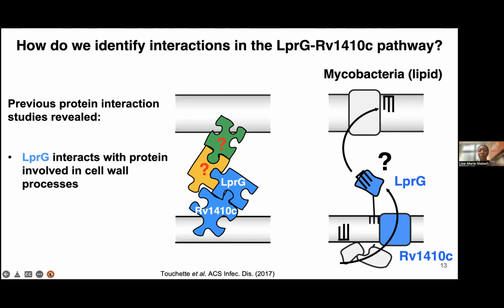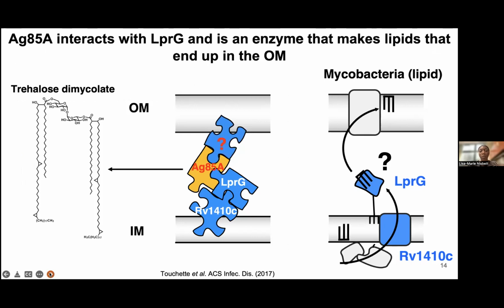To address this question, protein-protein interaction studies were conducted previously in the Kelliher lab in the native cellular environment by a former graduate student. Her work revealed that LprG interacts with many proteins involved in cell wall processes, including the protein antigen 85A, an enzyme that makes lipids destined for the mycobacterial outer membrane, such as this lipid, trehalose dimycolate.